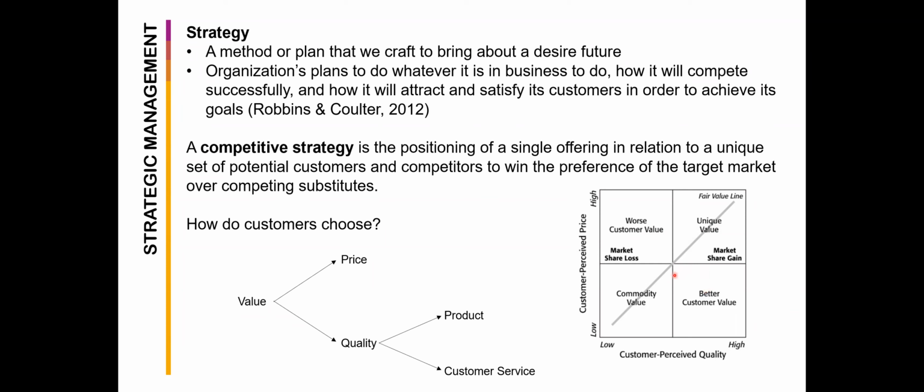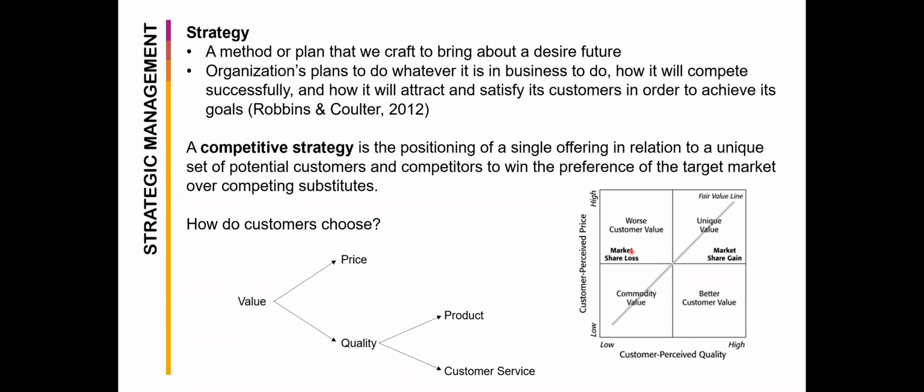Okay, but the things above the fair value line is where you could probably lose some market because they can perceive your products and services as low quality products, okay? And they even perceive it as very expensive. So who would actually want a low quality expensive product, right? So nobody wants that.